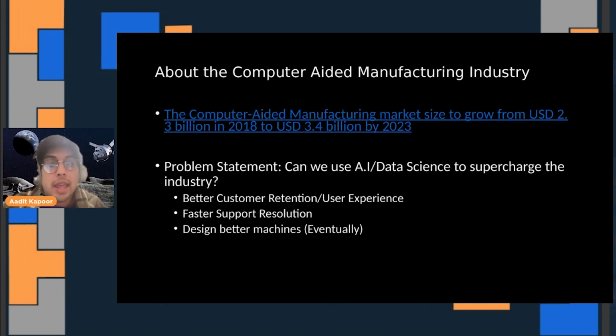And third, this technology helps engineers better design machines. They can see, okay, using these sensor values we had these many errors, so we can build a new sensor in the next version. So this technology can be helpful in these three ways.